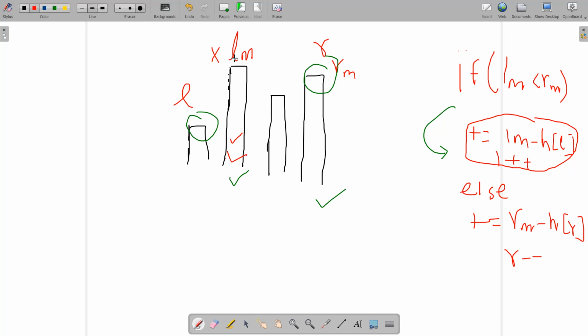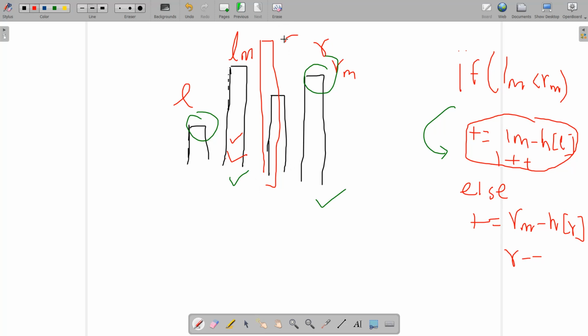So suppose we are answering for this wall, it might be possible that there exists some wall whose height is going to be greater than this one. In that case, our answer would become wrong, because we need to make sure that R max is the maximum over this position.